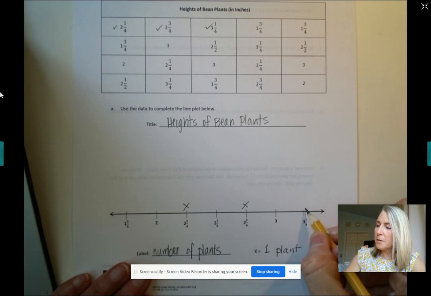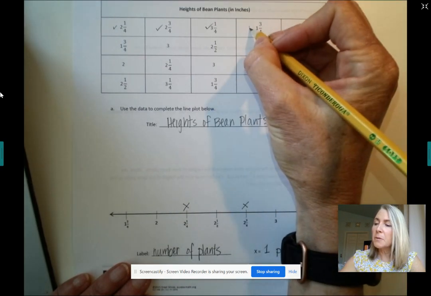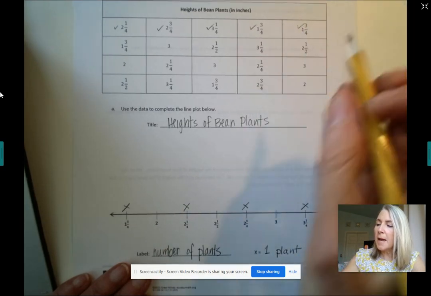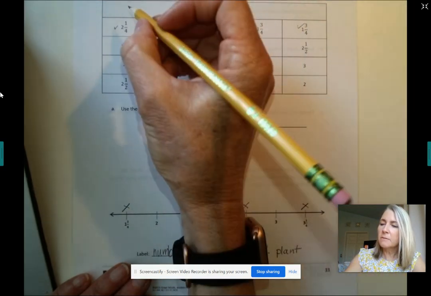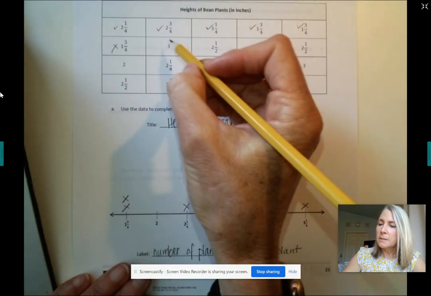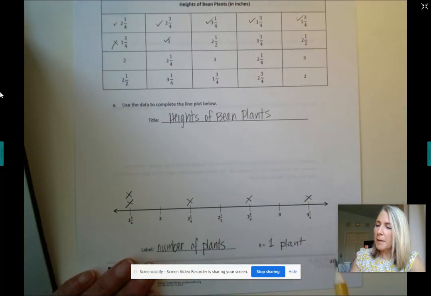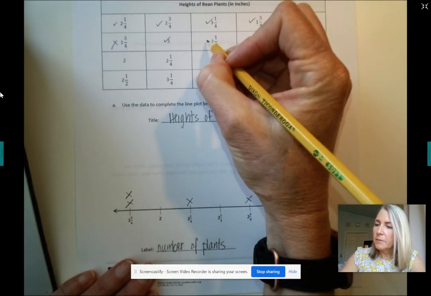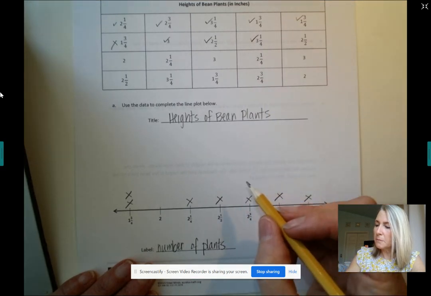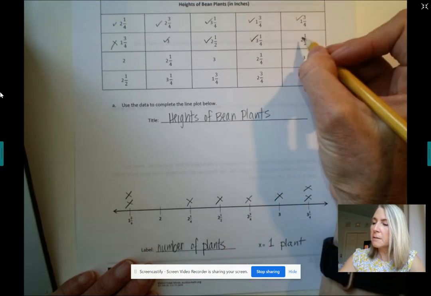So 3 1/4, that would get an X. Remember, you want to keep your X's about the same size so that the heights of your marks can stay easy to compare. If I go to 2 1/2, I have that. 3 1/4 is here.